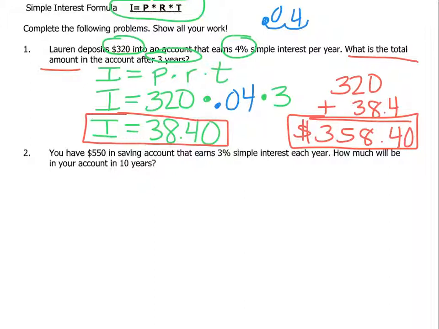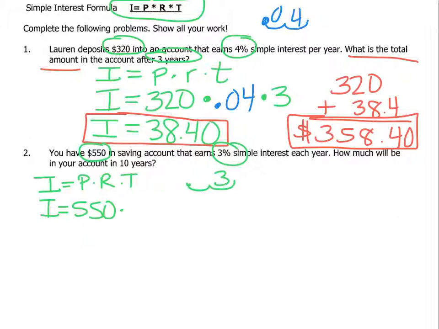All right, let's take a look at another one. So if you have $550 in a savings account that earns 3% simple interest each year, how much will be in your account in 10 years? So again, the formula is interest equals principal times rate times time. So the principal in this case is the $550. The rate is the percentage, which we have to change to a decimal, so I'm going to move it back 2 places, and we get 0.03 times the time, in this case, 10 years.